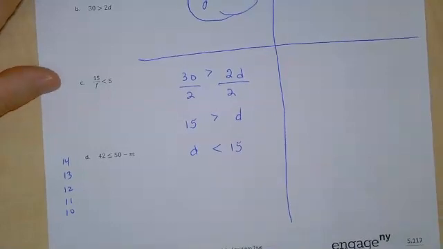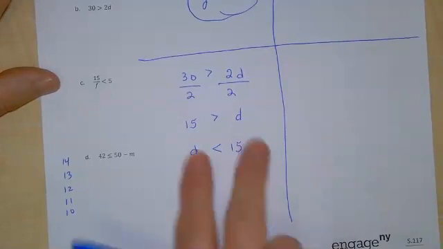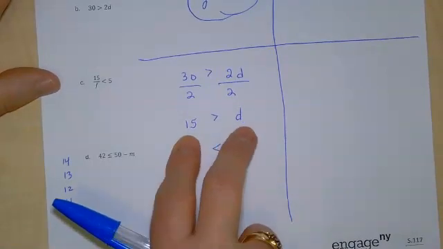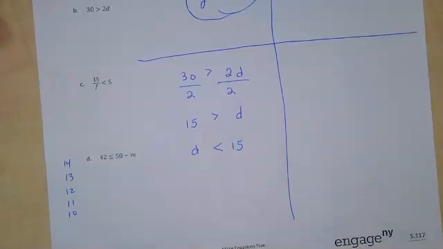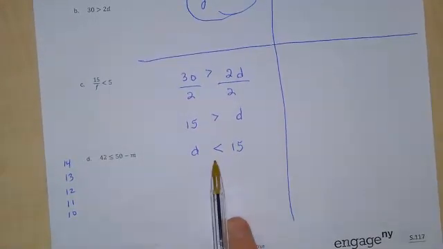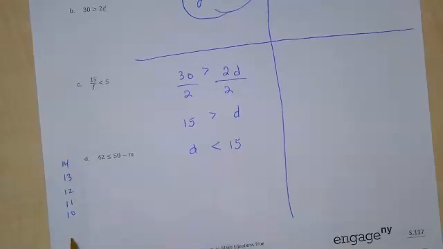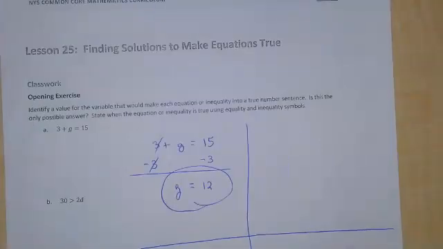I have to turn that around because my answers are less than 15. So if you ever switch these in an inequality, the sign switches. And that shows us why we know we had to switch the sign, because the numbers have to be less than 15. Make sense?